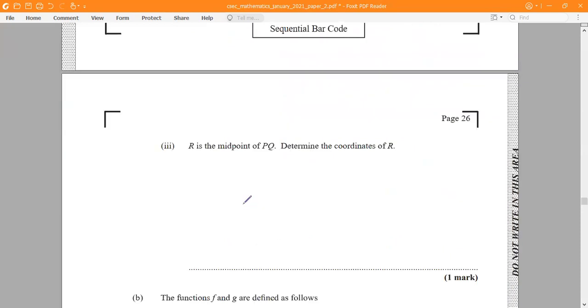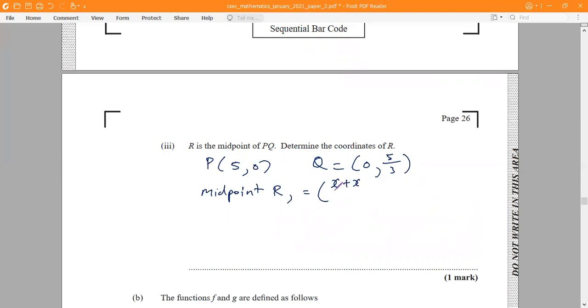R is the midpoint of PQ, determine the coordinates of R. So we have P being 5, 0. We have Q being 0 and 5 over 3. And we want to get the midpoint. So the midpoint R would have coordinates x plus x1 over 2, comma, y plus y1 over 2.